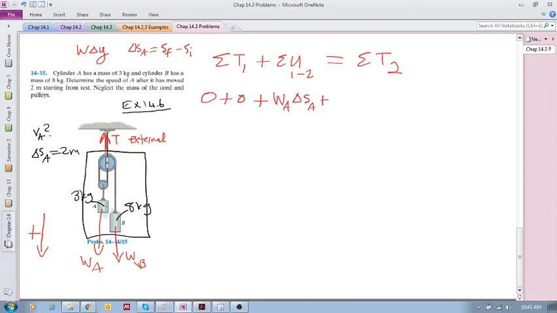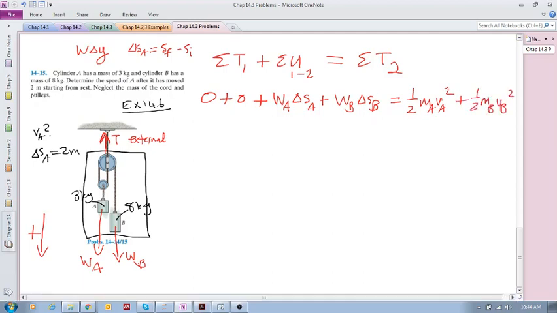Similarly, if we assume that block B is moving down, then we're going to have positive work done by the weight of B. Then we're going to have half MA VA squared plus half MB VB squared.